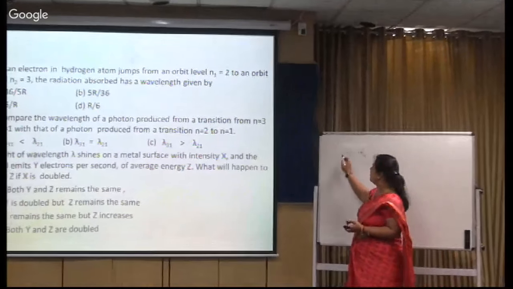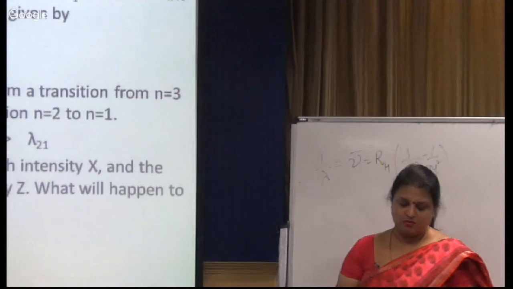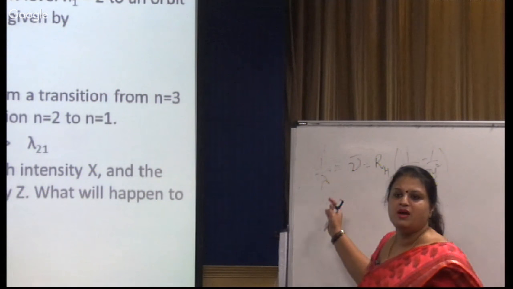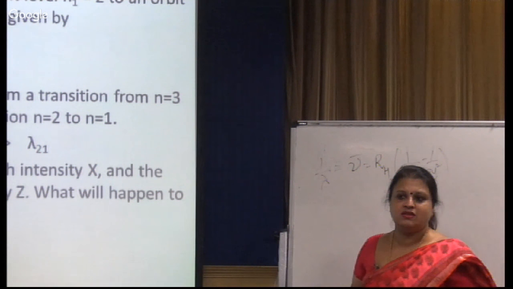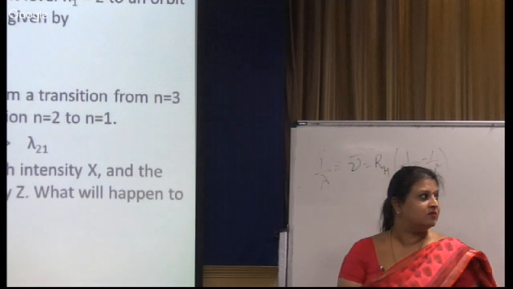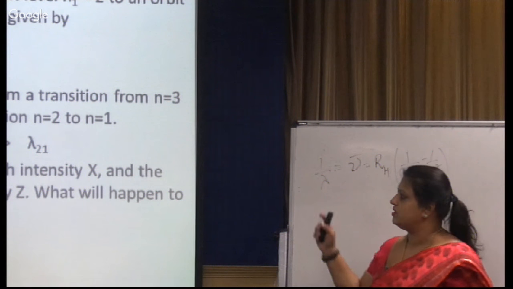And this is nothing but is also equal to 1 upon lambda. So I think by using this relationship, it will be very easy to find out 1 by lambda and hence lambda. Yes, what should be the answer? Any response? A should be the answer. Very good. Now move on to the next one.